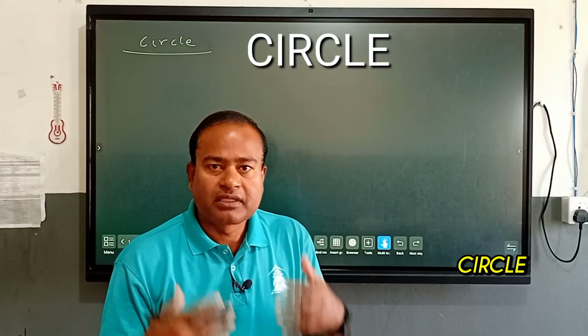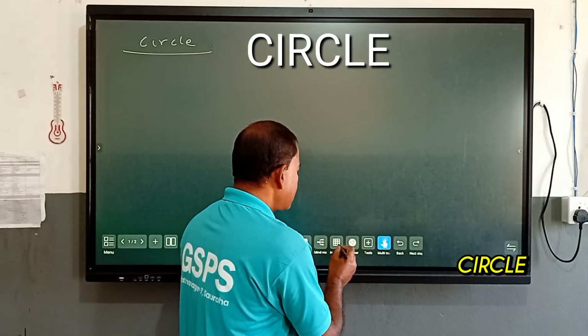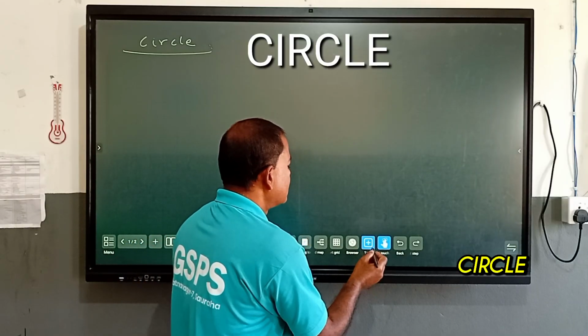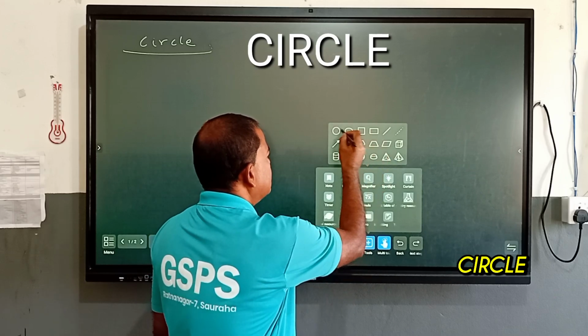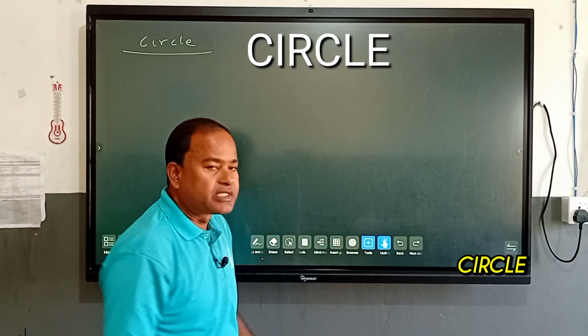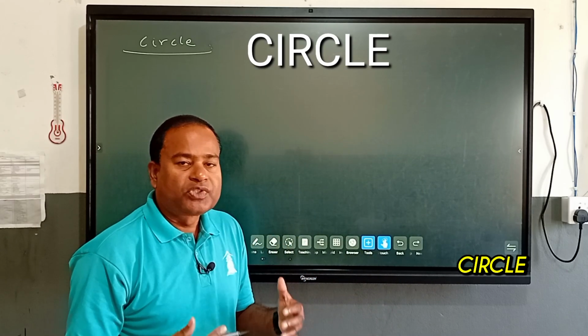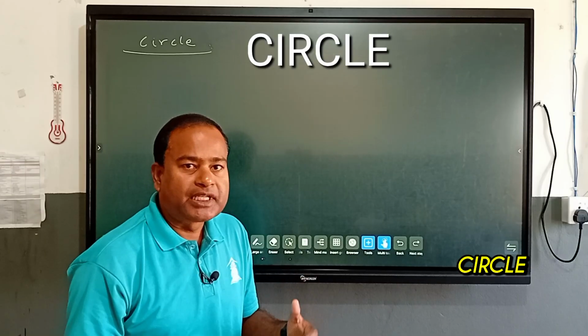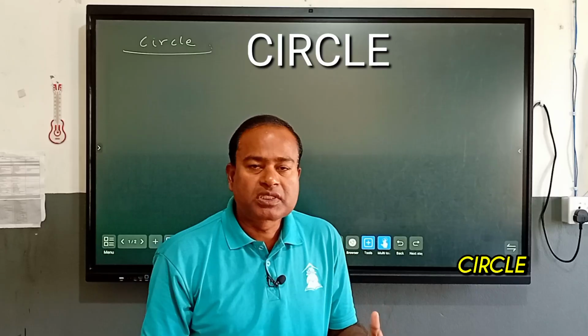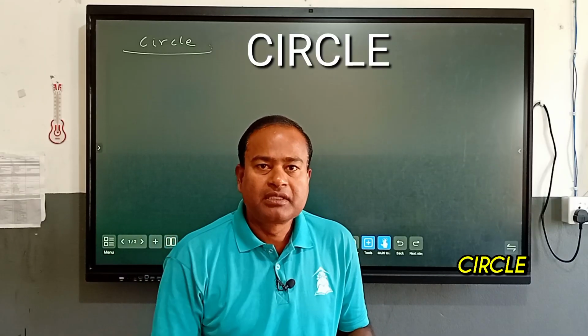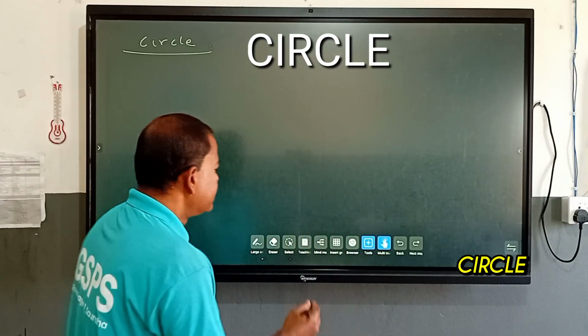So let's make a diagram. Dear students, as we know, circle is the locus of a moving point. Locus means the path made by a moving point.